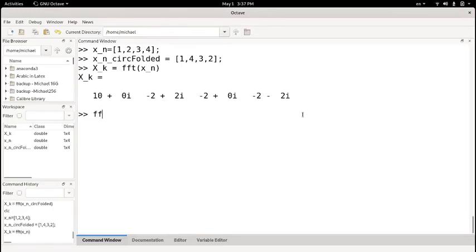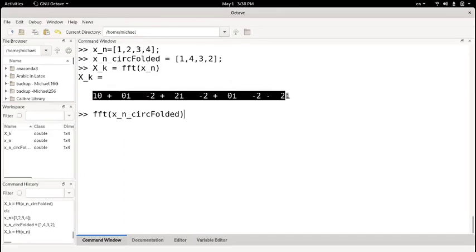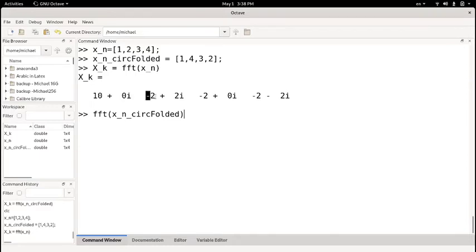If we find the FFT of the circularly folded signal, the property says that if you do circular folding in time, you will get circular folding in frequency. So now I'm computing the fast Fourier transform, or the DFT, of the circularly folded sequence. Supposedly I will be getting this X of k but circularly folded, which means the first sample remains as is, and the other samples are reversed in order.